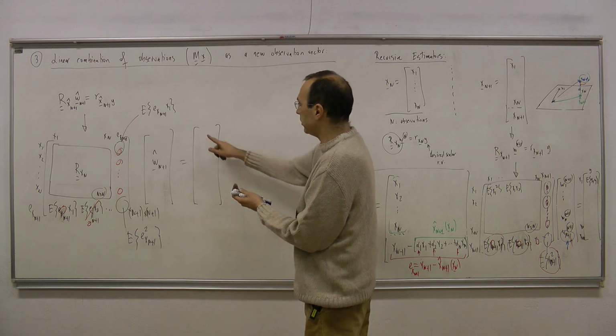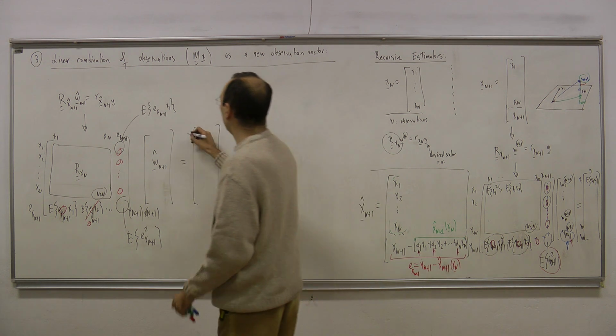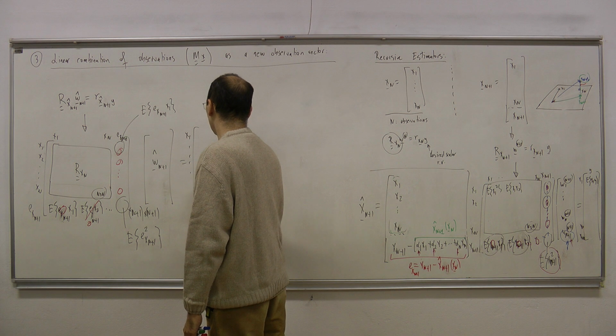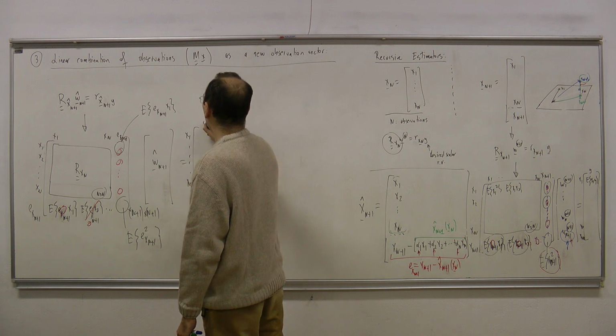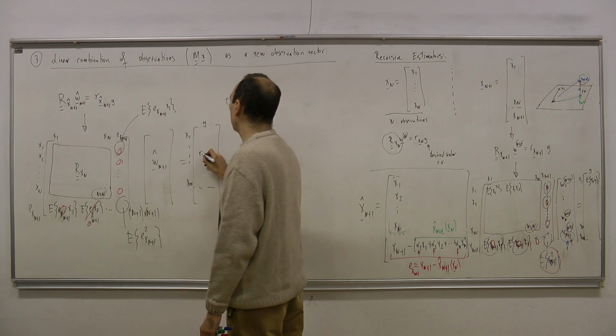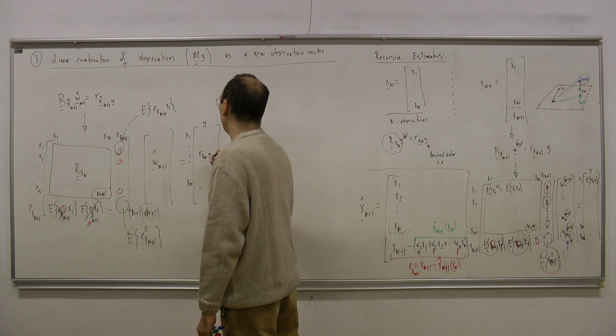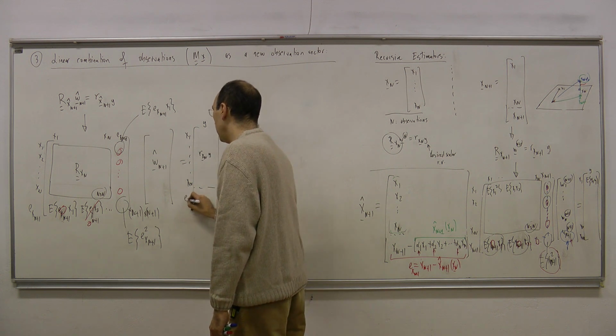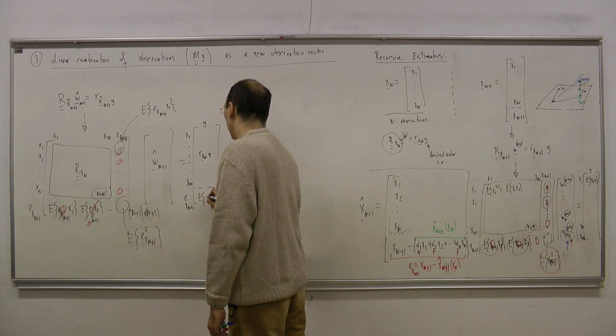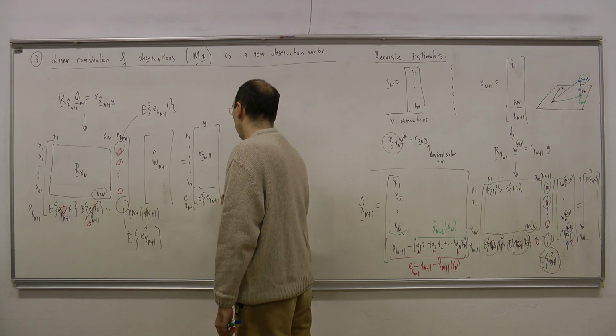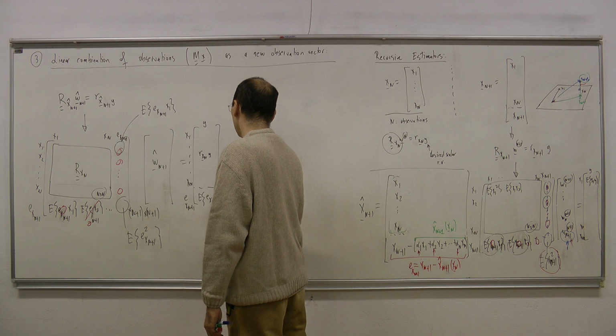So how about this part? This part is x1 up to xn. There's a y. So this is R_{x_n} and y. How about this? This is E, x_{n+1}. So this is the expected value of E, x_{n+1} and y.